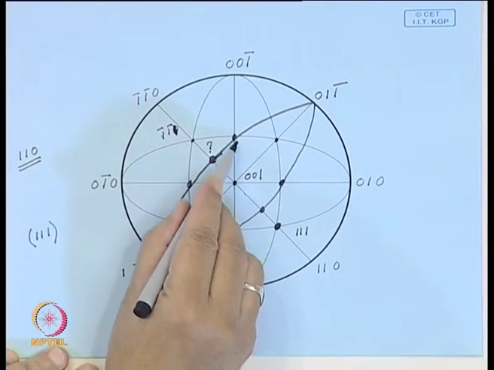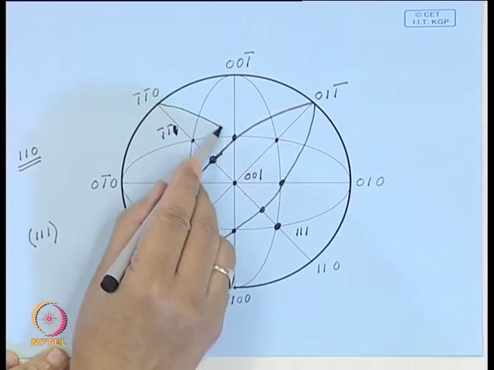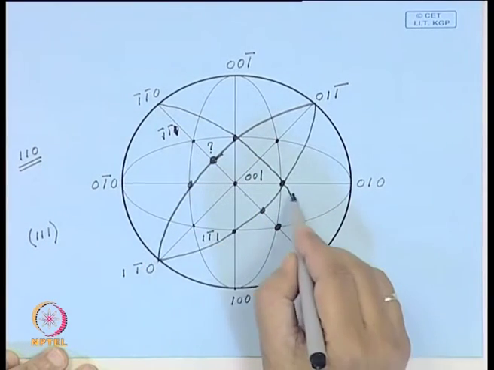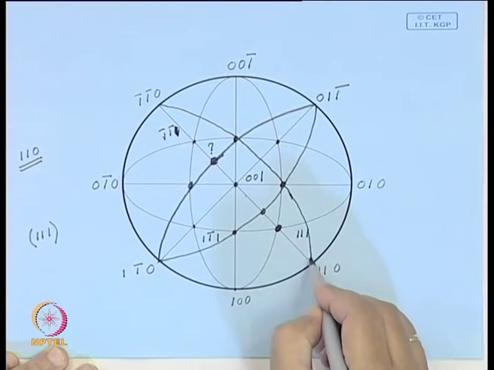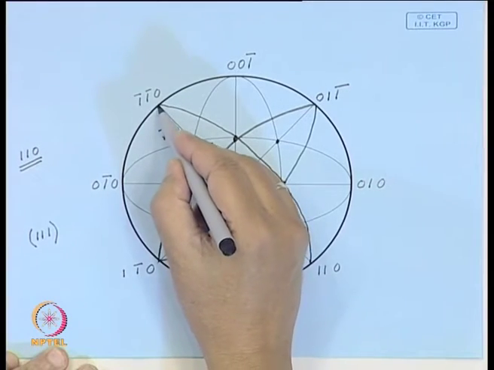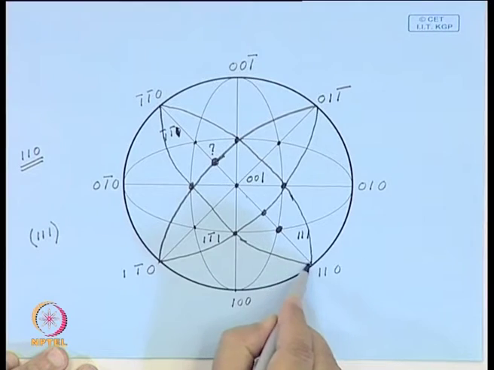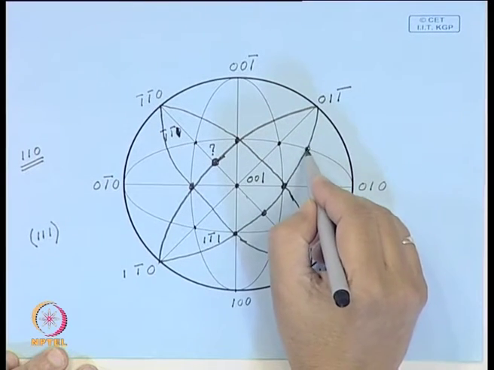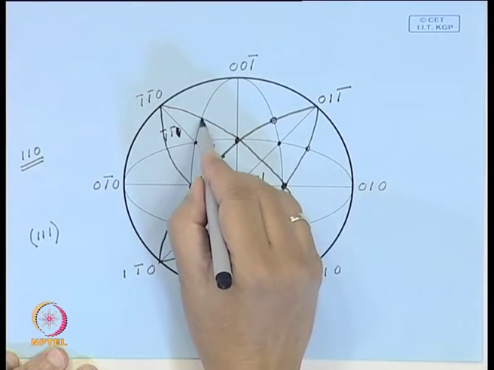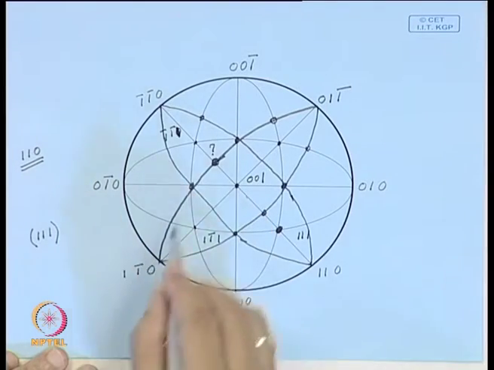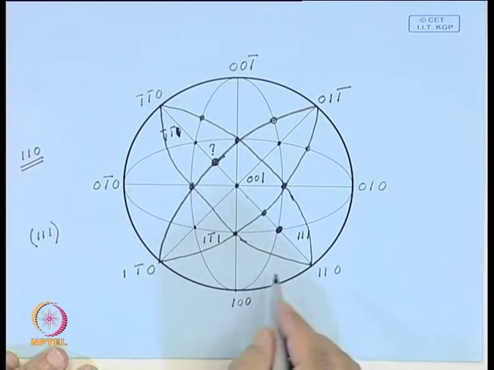Construct a plane and try to find out the indices of each of these points of intersection.